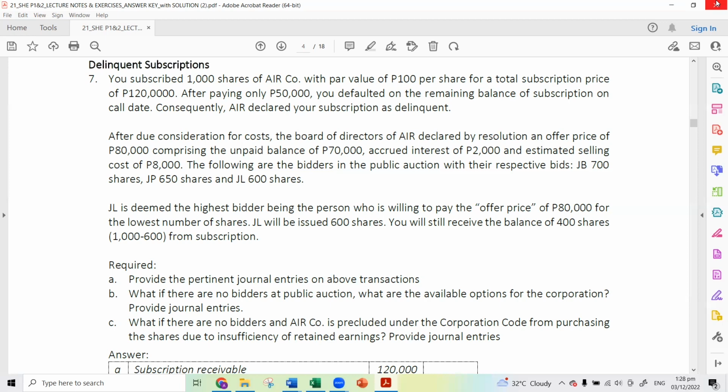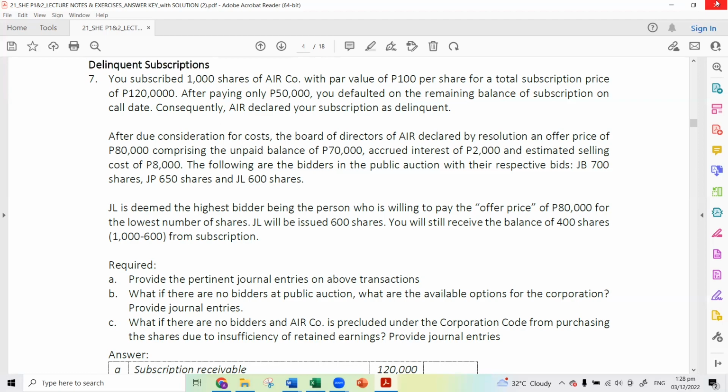Sino si highest bidder? The highest bidder is the person who is willing to pay the offer price for the smallest number of shares. Ang offer price, tatlo kasi ang components ng offer price.